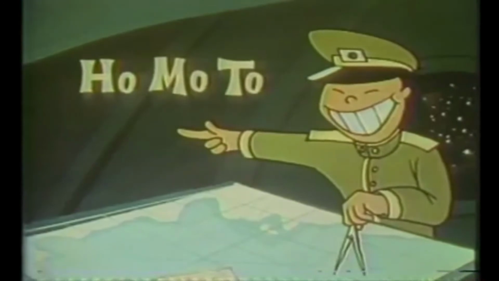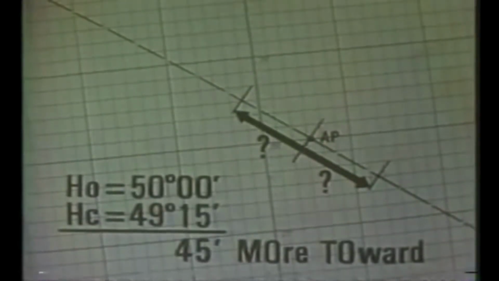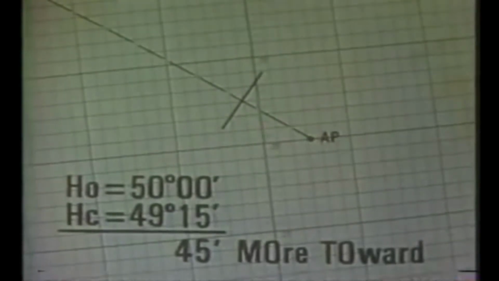Think of the happy Japanese navigator, Lieutenant Homo-to, smiling over your shoulder. In this case, HO is 45 minutes of angle more than HC. Remembering Homo-to, you know you are 45 nautical miles toward the GP of the celestial body.